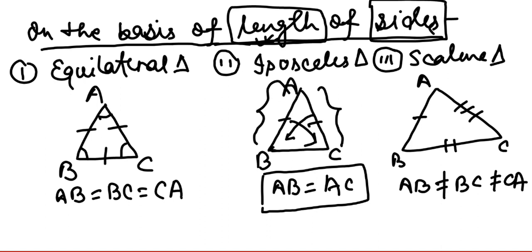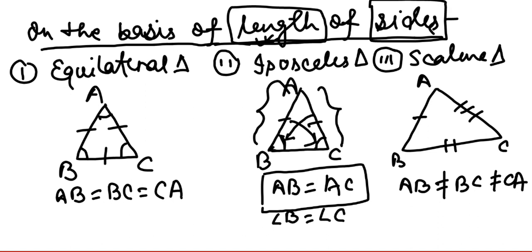These two, AB and AC, in this figure are the equal sides of triangle ABC, and the angles opposite to them will be equal, that is, angle B will be equal to angle C.